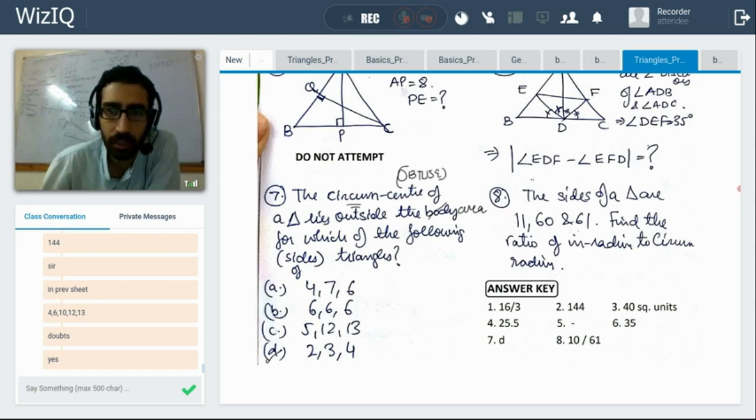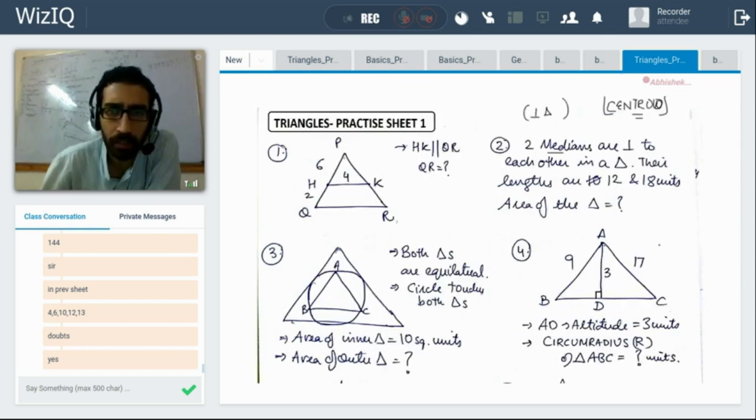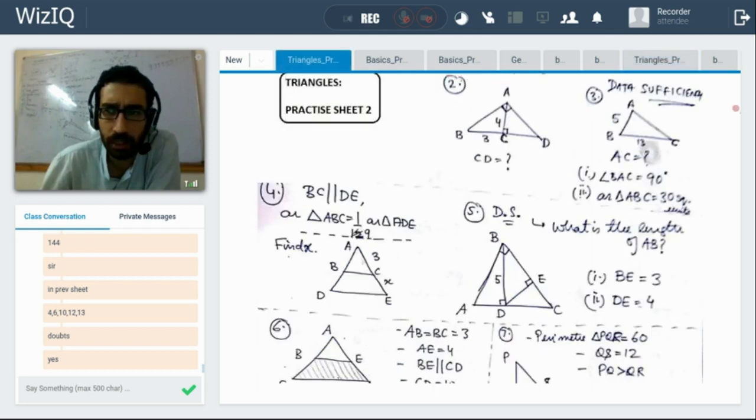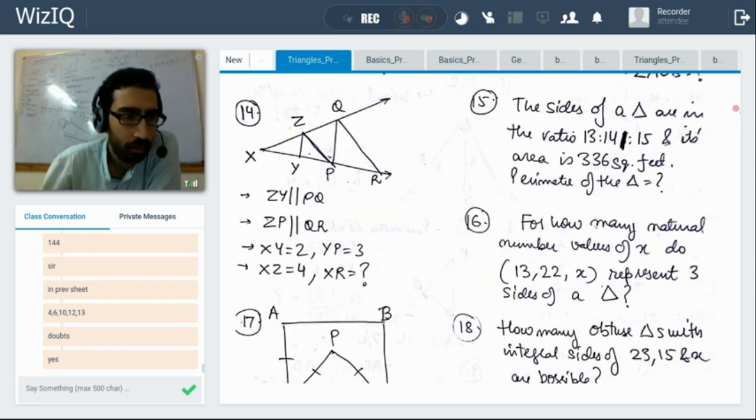Well, this sheet doesn't have 4, 6, 10, 12, 13. Okay, are you talking about this sheet? Practice sheet 2, Lakshay? Is this the sheet you're talking about? Okay, please do check.